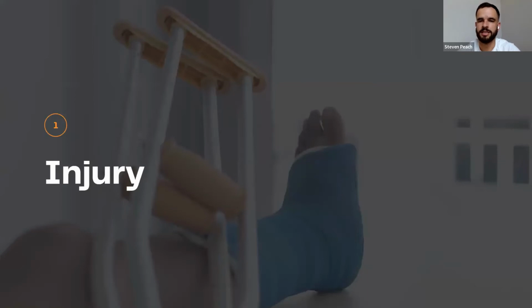And that may be because of some mechanical changes that have happened, the joint's moving slightly different than it did before. Can also be because we've caused a bit of an inflammatory response, and now there's different chemical processes happening in the joint that otherwise wouldn't be happening. Okay, so injury is one of the major things that can contribute to osteoarthritis.